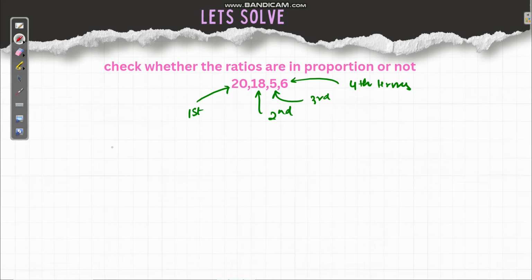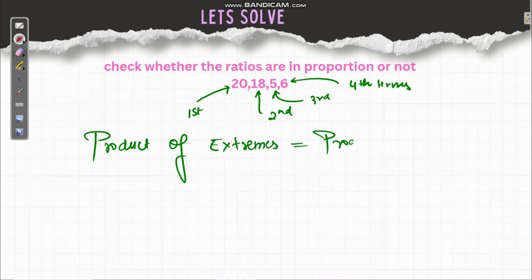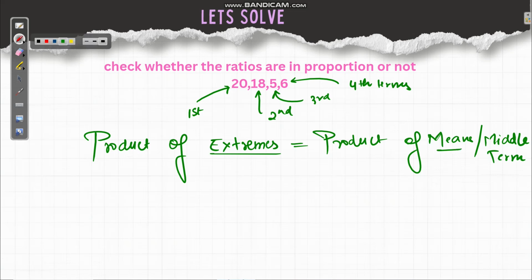Now there is a formula to check whether they are in proportion or not. The formula is: product of extremes is equal to product of means, or middle terms. Let me explain what extremes and means are.